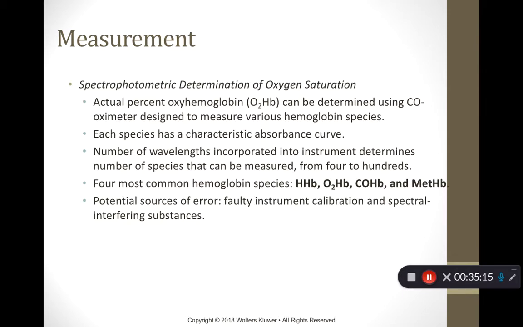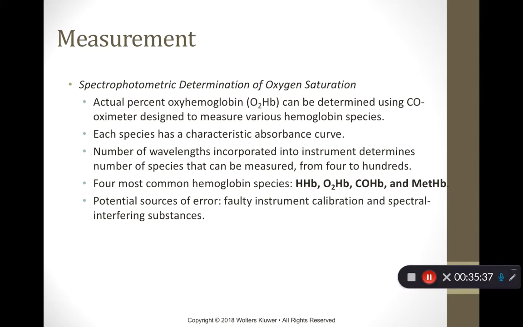The number of wavelengths incorporated into the instrument determines the number of species that can be measured, from 4 to hundreds. Here are the most common hemoglobin species: deoxygenated hemoglobin, oxygenated hemoglobin, COHb, and methemoglobin.